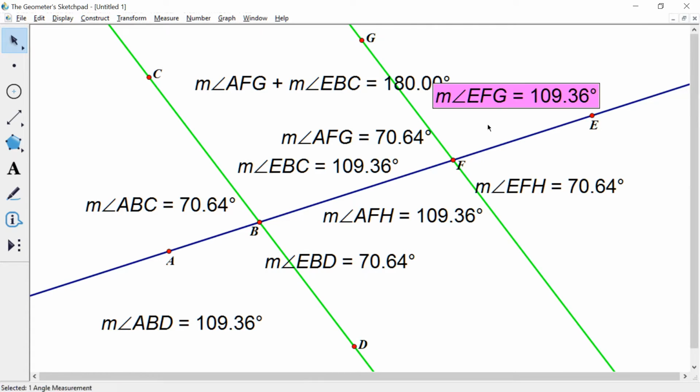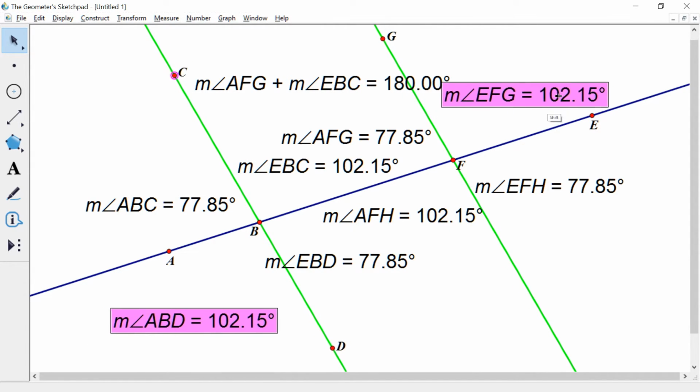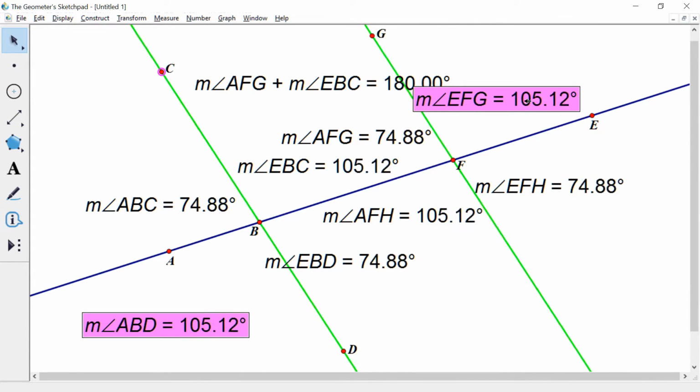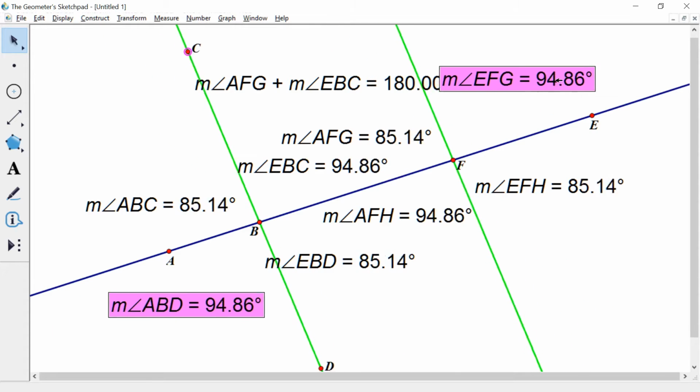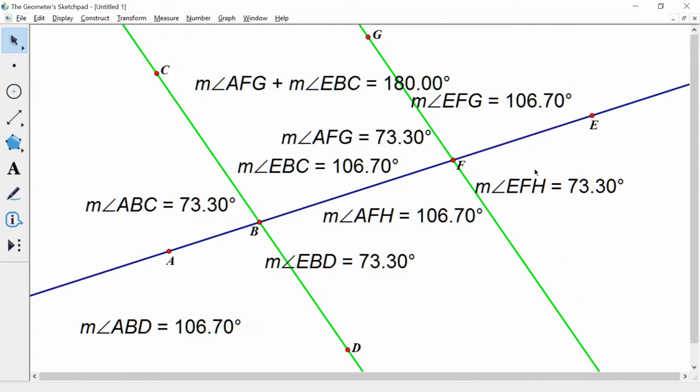So let's look at a pair of these alternate exterior angles. Notice that these two angles are congruent to each other, and they are alternate exterior angles, as well as these right there.